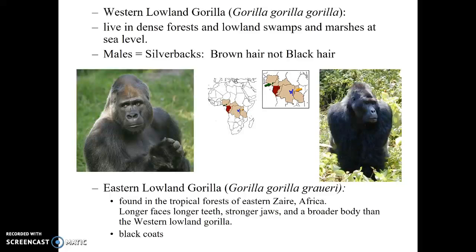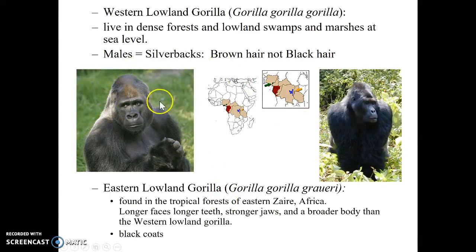The western lowland gorillas live in the dense forests and the lowland swamps. Their teeth tend to be fatter and whiter. Their jaws are not as strong as the eastern lowland gorilla. They have brown hair versus black hair. You can tell if you compare both of these gorillas with the mountain gorilla, their hair is quite a bit shorter.